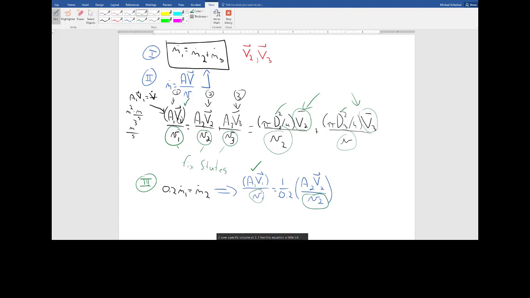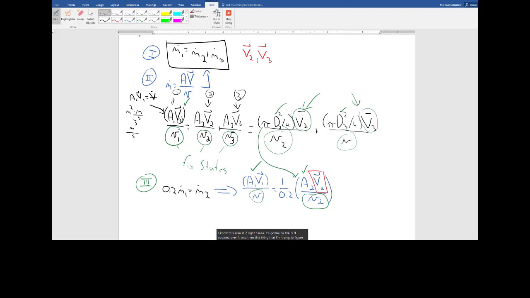I hope that I can fix these two things. I know this area at 2, because it's going to be this pi d squared over 4. And then this thing that I'm trying to figure out, this velocity at state 2, I could get over here.